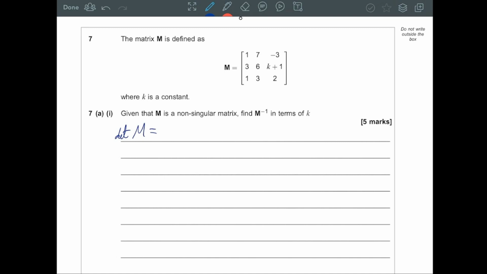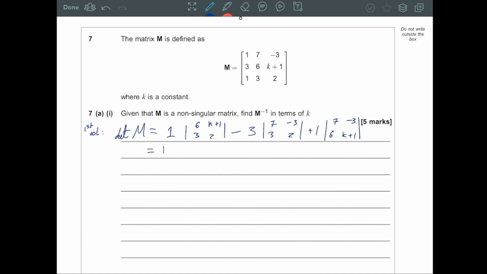Now, having a look at that matrix, it doesn't look like there's anything particularly nice about any of the rows or columns, but I'm just going to do the first column just to be a bit different. So the first column says 1 times the determinant of 6, k plus 1, 3, 2. Swap the sign for the next component. So that's 3 lots of that 2 by 2, plus 1 lot of the 2 by 2 in the top right.